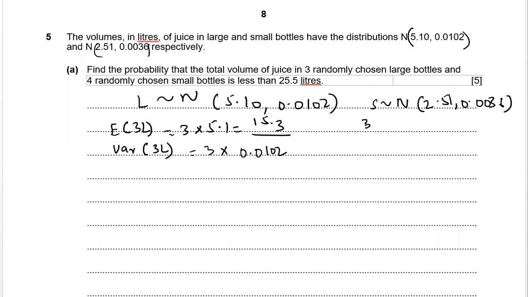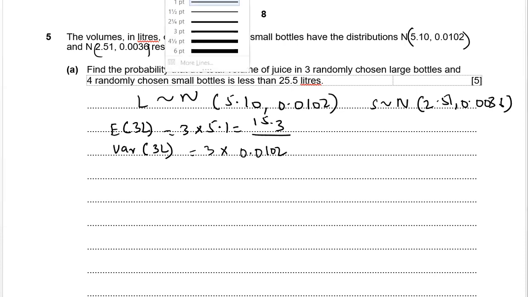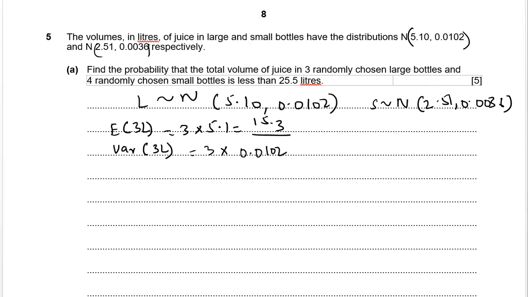Similarly for 4S, it would be 4 into 2.51, mean it would be 4 into 0.0036.